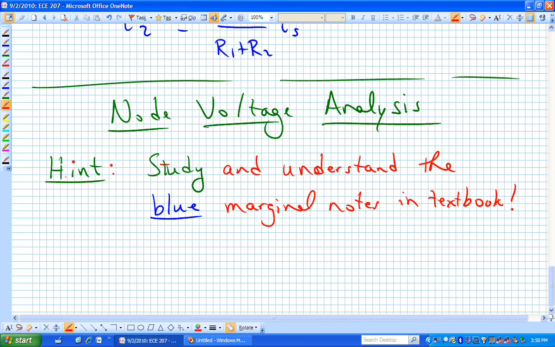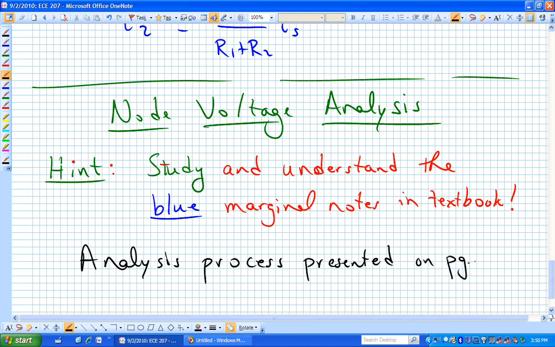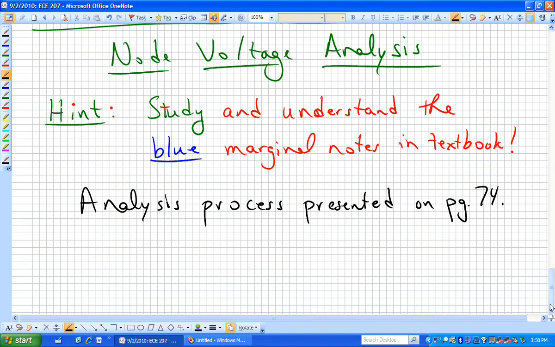Pay attention to those. In terms of the process that we're going to use, the analysis process for node voltage analysis is presented on page 74 of the textbook. Oh, and that's edition 4.